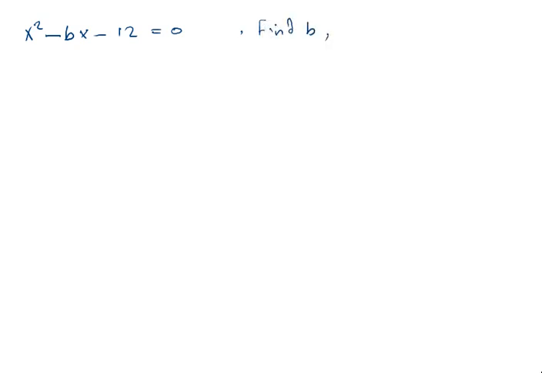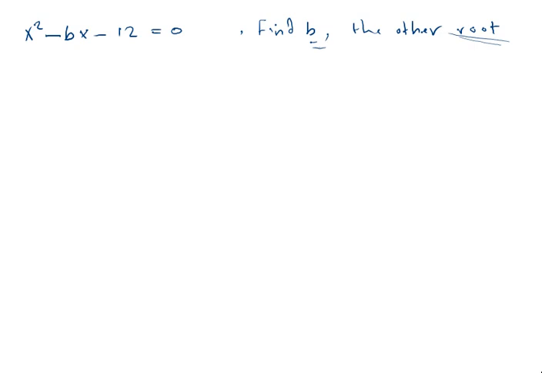Find b and find the other root of the equation. We can't find the other root until we find b, so we write the equation in the right form, then solve for the other root.